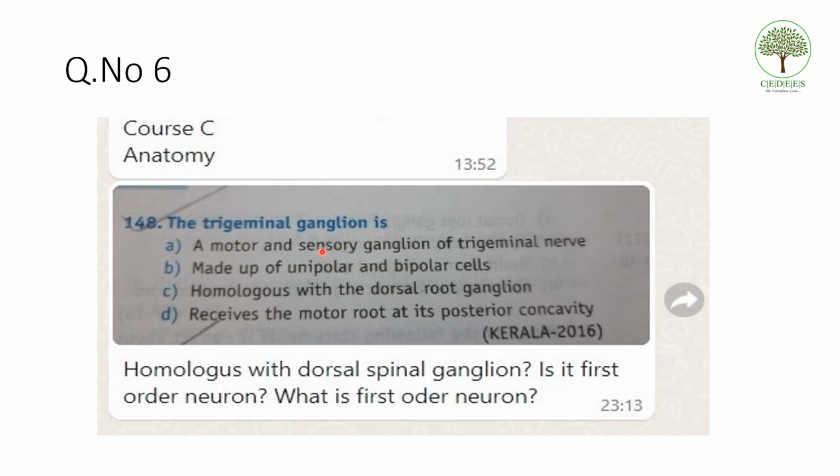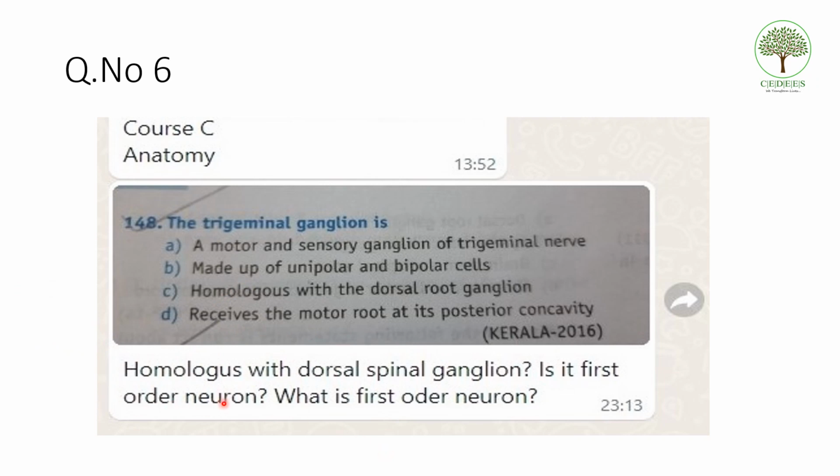Is it made up of unipolar and bipolar cells? No, it is made up of only unipolar cells. Option C, it is homologous with the dorsal root ganglion. Yes, it is homologous with the dorsal root ganglion. So the answer here is homologous with the dorsal spinal ganglion.